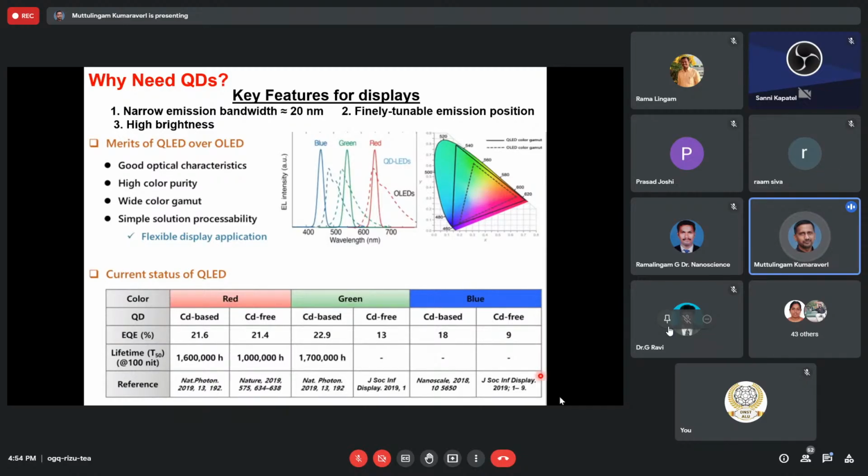The lifetime is the main problem for the cadmium-free, heavy metal free ones, as we don't have any lifetime for the green or blue. Still, it is not possible to use for any display or lighting purpose.